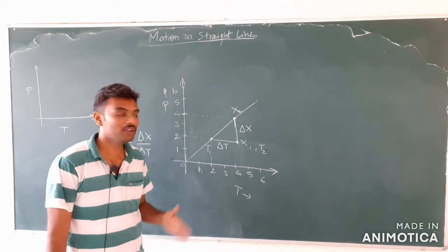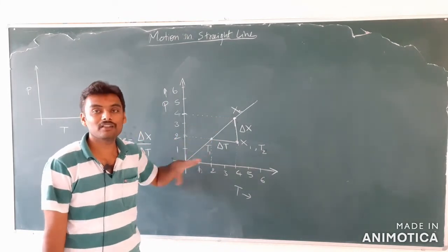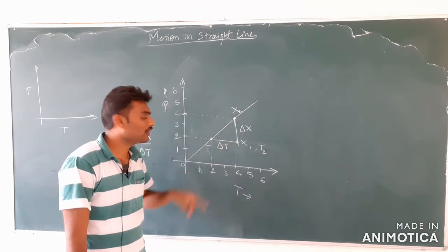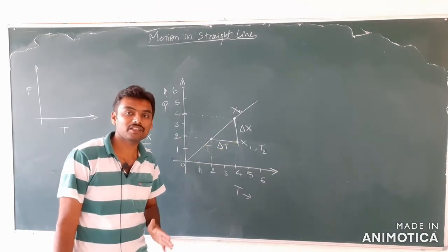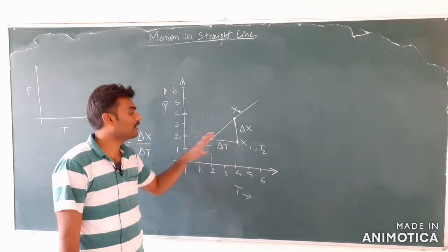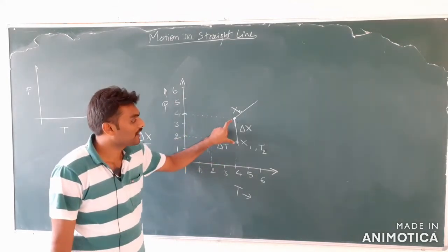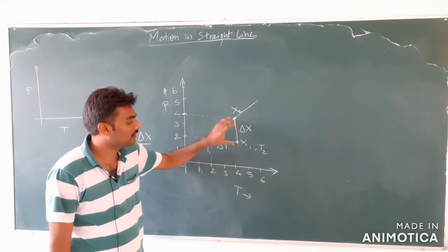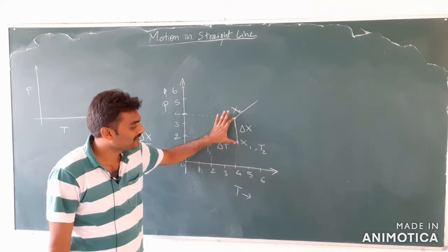How do we get that? We need to choose certain part of the graph which is straight, and then we should draw a right angle triangle in such a way that the chosen part of the graph becomes the hypotenuse of the triangle. Then we take change in the quantity which is there in the y axis first.